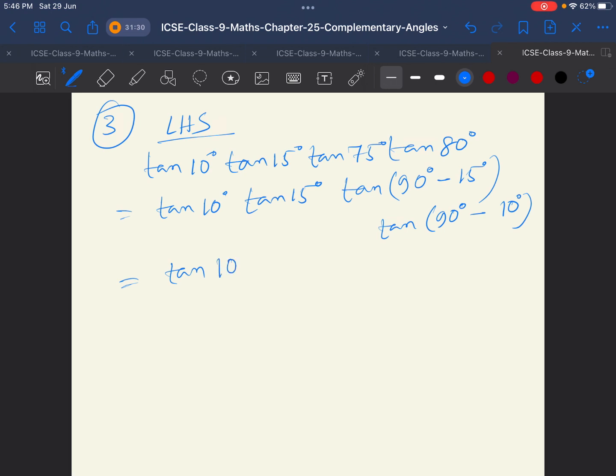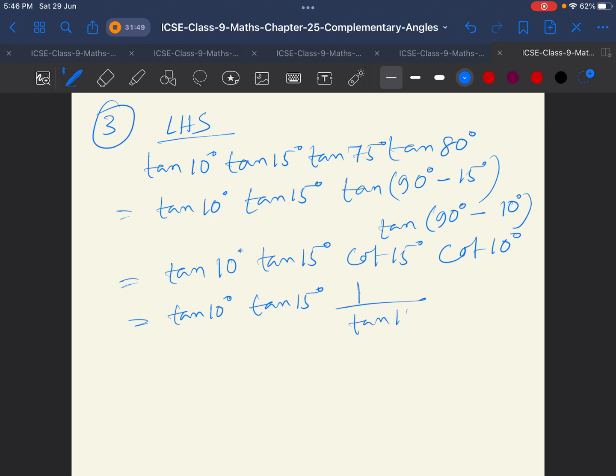So we can write tan 10 degree, tan 15 degree, and tan 90 minus 15 we can write cot of 15 degree, cot of 10 degree. Cot 15 we know is 1 by tan 15, and cot 10 is 1 by tan 10.